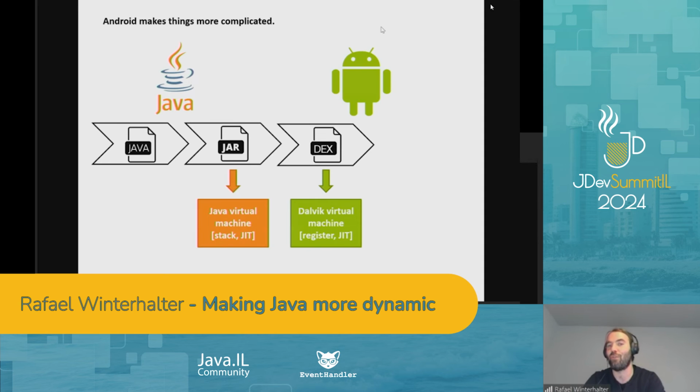Android has created a new format back in the days. That's the Dalvik virtual machine. Spoiler, it's not what's used anymore. But the Dalvik basically moved from the stack machine to the register-based machine. And it still has JITting though. The reason it does that is basically for the same reason that Oracle, or not Oracle, but Sun introduced applets oriented stack machines back then.